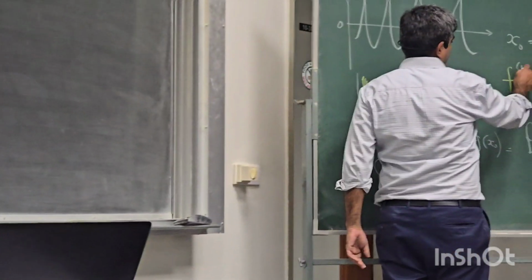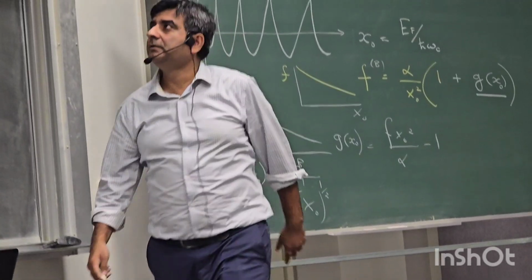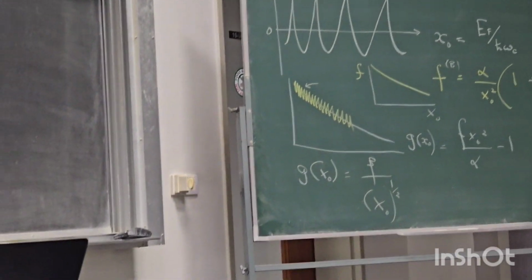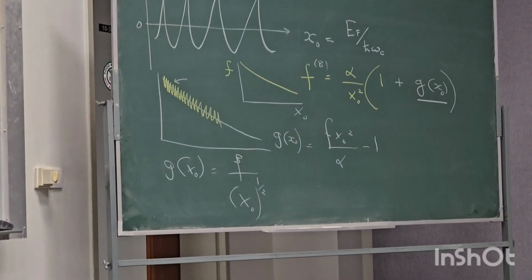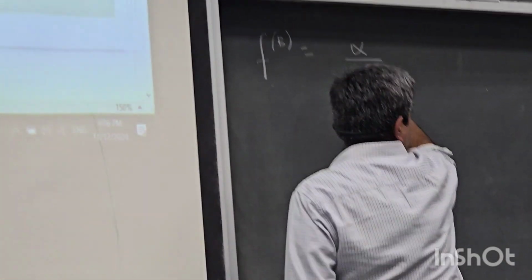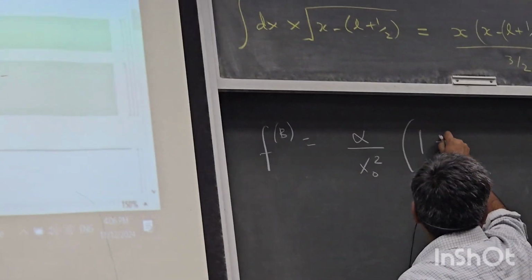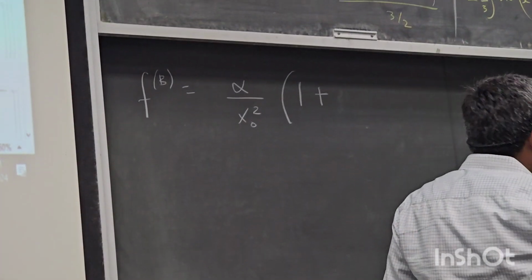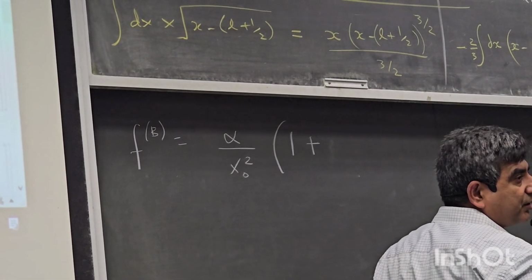Let's look at this thing, f of b. F of b is alpha over x naught square times 1 plus my g of x naught.